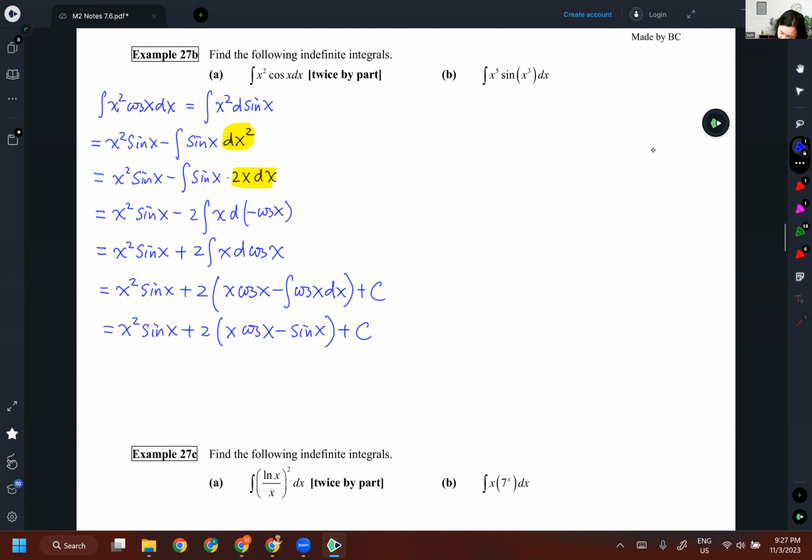And then in my final answer, I will remove the bracket. Is that okay? It really has integration by parts twice.